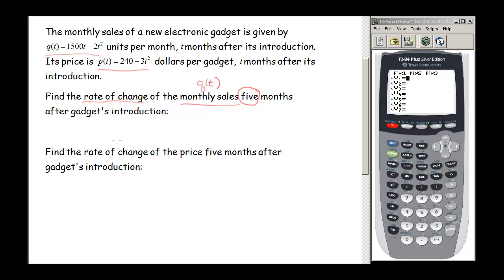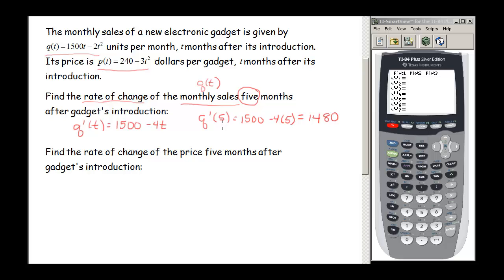Okay, so all we need to do is find Q prime of t. So Q prime of t equals, take the derivative of this, we're going to have 1500 minus 4t, and if we are supposed to look specifically at 5, we would have Q prime at 5 is 1500 minus 4 times 5, so that's 1500 minus 20, so that's going to be 1480.